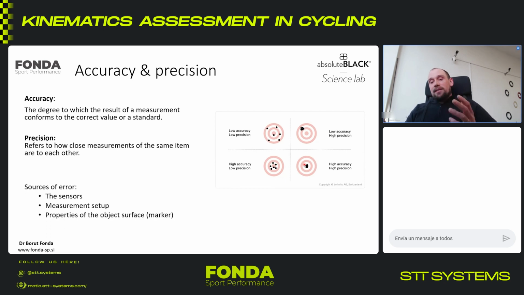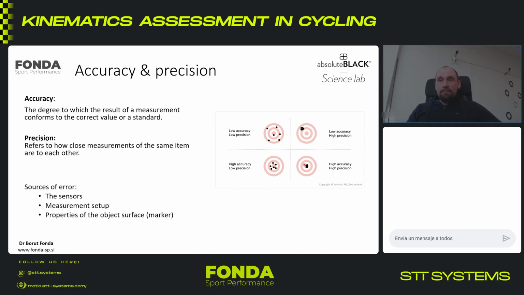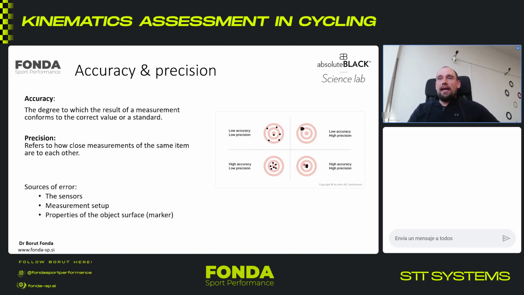There are many sources of error. The sensors you're using, for example the cameras or any motion capturing system, depend on how well they're developed and designed to detect the position of the markers. Then we have our measurement setup. Have we calibrated our cameras optimally, for example at an angle of 90 degrees, so we can have true three-dimensional information about a certain marker?